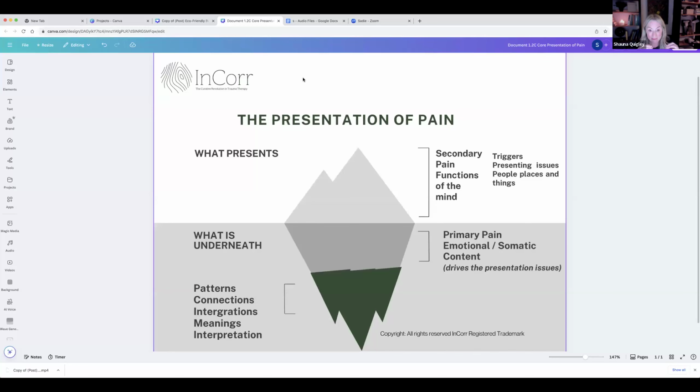So the second part of this is understanding what is underneath. What is it that we talk about here that is driving this secondary pain? Many models talk about root cause. They talk about developmental trauma. They talk about complex trauma. We are understanding that through the lens of primary pain.